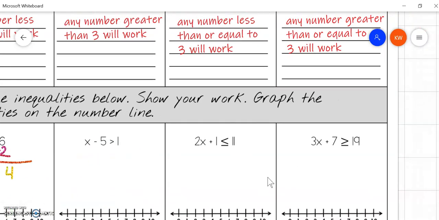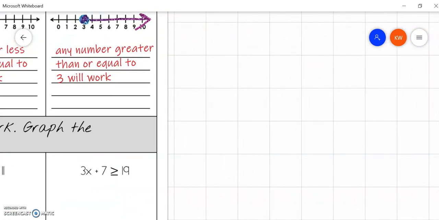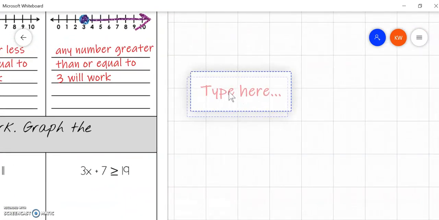Now, other than this, these ones over here I'm going to leave for you. I do want to caution you to write this next part down on the side.